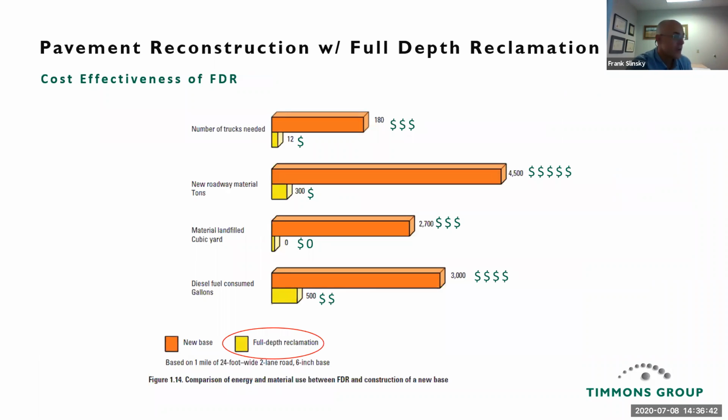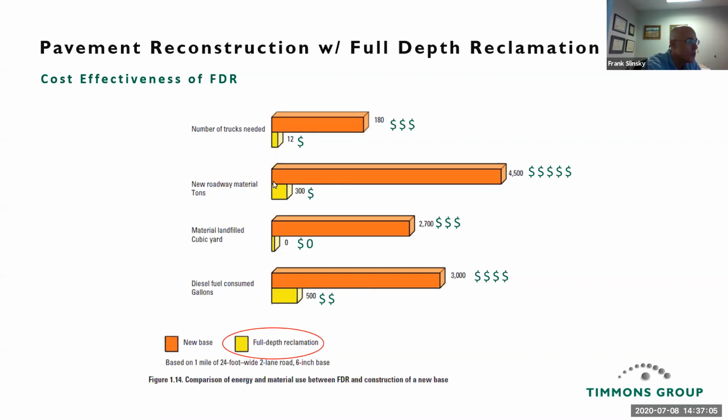So let's talk about the effectiveness of full depth reclamation. At the bottom, you can see the bar chart shows that yellow represents full depth reclamation, and then the orange represents a new base. So the number of trucks up at the top, considerably less for full depth reclamation.